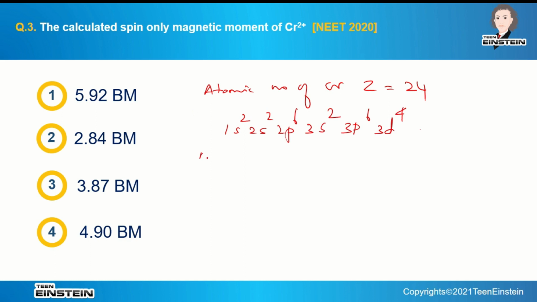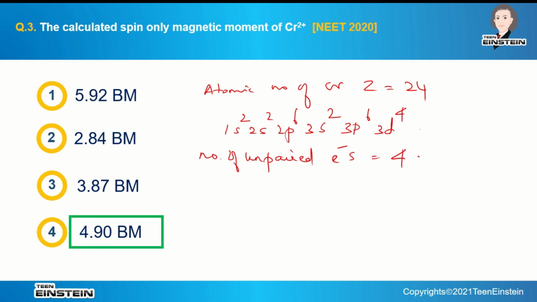So the number of unpaired electrons is 4. We know the equation for magnetic moment is mu equals root of n into n plus 2, where n is the number of unpaired electrons and mu is the magnetic moment.